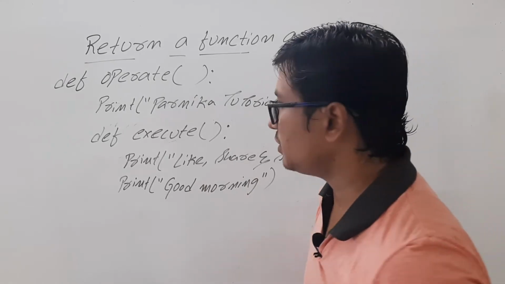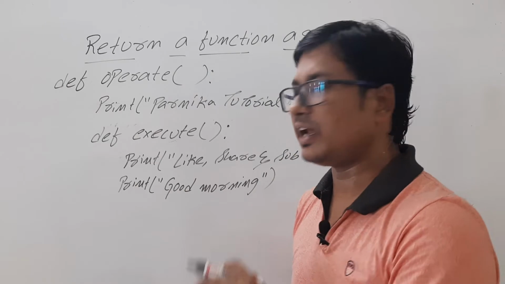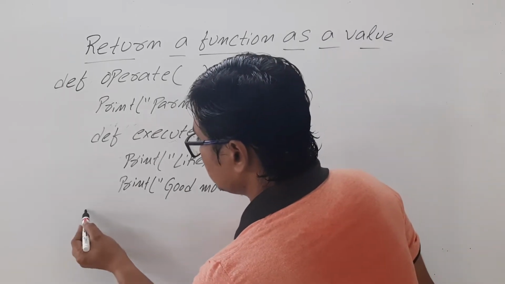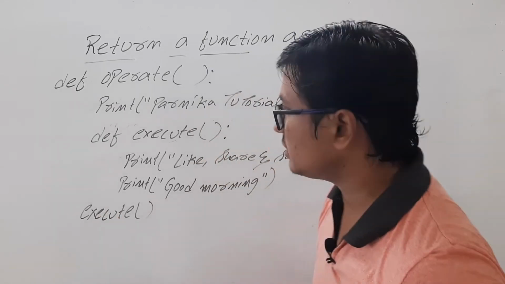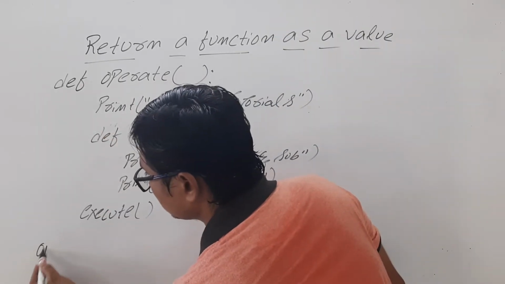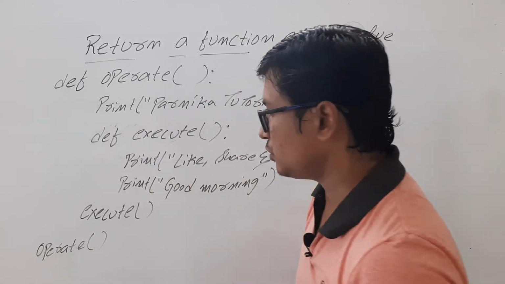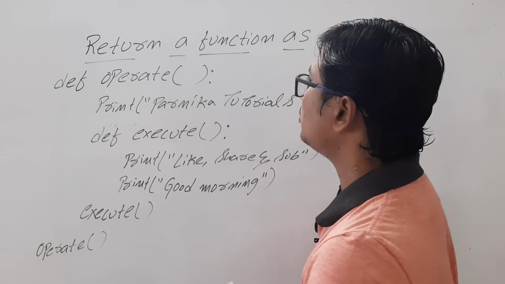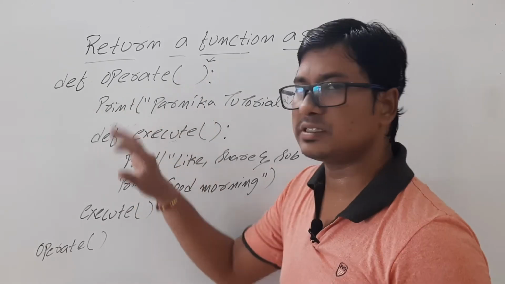Now in the last video, when I discussed how to define another function in a function, I called the inner function inside the outer function, then I called the outer function. So what happened: once you call the outer function, the control will go to the outer function and start executing the statements inside it.